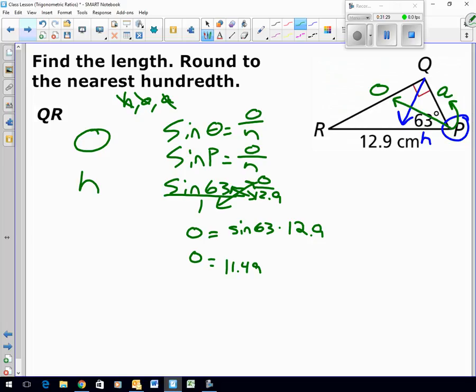Because it's bigger than the hypotenuse. Because the hypotenuse has to be the longest side. So that's another thing you gotta think about when you're solving these trig problems. Is my hypotenuse the longest side? Guess what? If it's not, you've messed up.